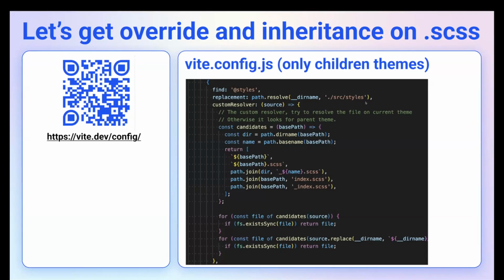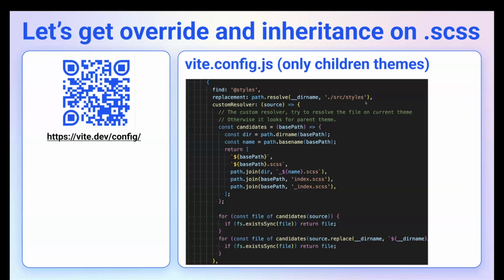What happens if I have a variables SASS file where I want to define all the colors, or a font one where I want to define all the font families used by the individual theme, and I want to be able to override them, and they are partial SCSS files, so not exposed as individual libraries, or I want to extend or override a mixin?